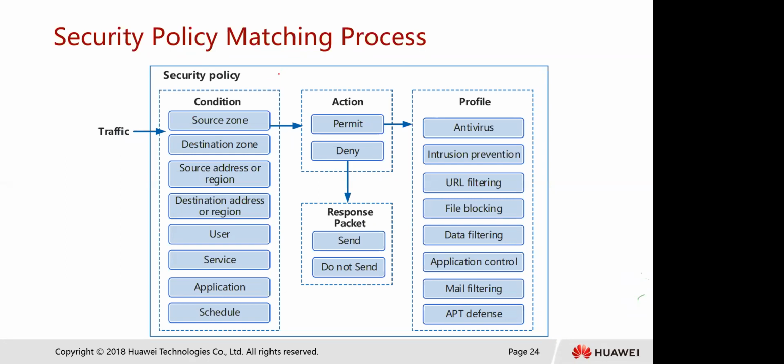So when traffic passes through our next generation firewall, the next generation firewall matches the traffic with security policies, as you can see in this illustration. Our firewall is going to analyze the traffic and receive the different attributes. What are some of those attributes? Who can remember?